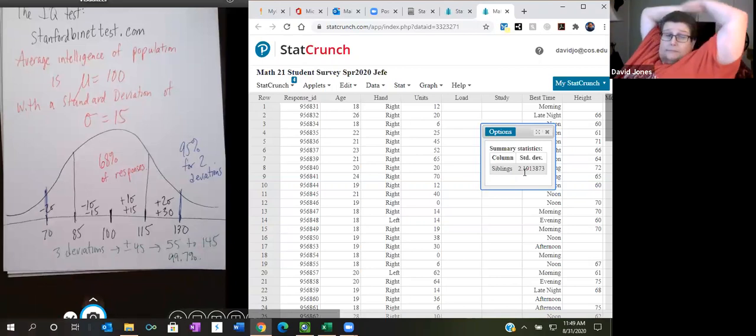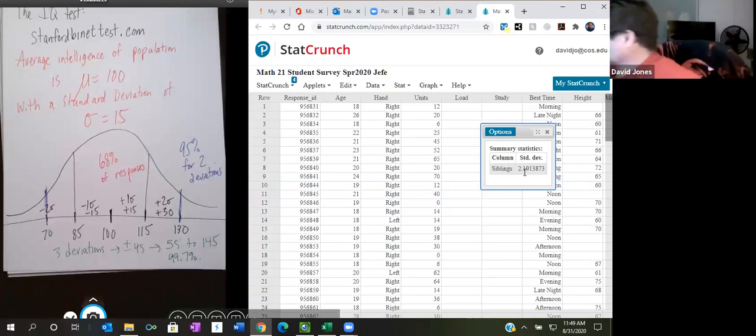So a score of 55, when you're at the bottom, means over 99.7% of the population is smarter than you. Almost everyone is smarter than you. If you have an IQ of 145, there is hardly anyone in the entire world smarter than you. There are exceptions.